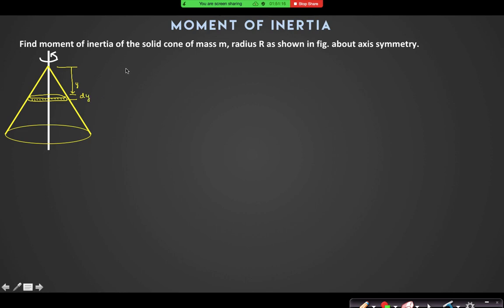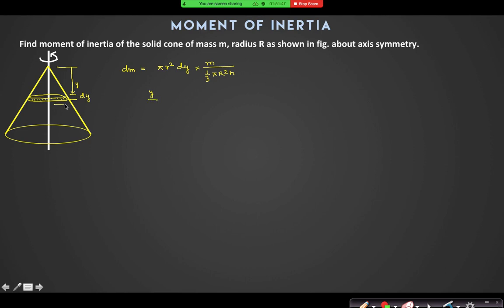So what is the mass of that disk? The area is pi r square and the thickness is dy. Here we will not take the slant height because volume is determined by the actual depth, right? Into mass per unit volume, which is m divided by 1/3 pi r square h. Have I got it correct?